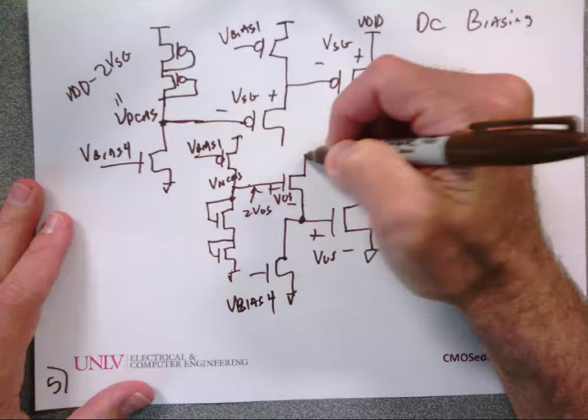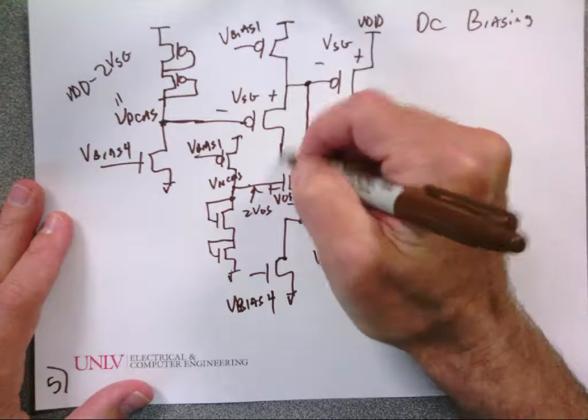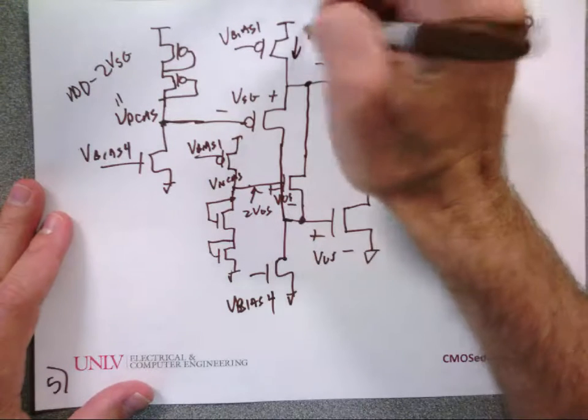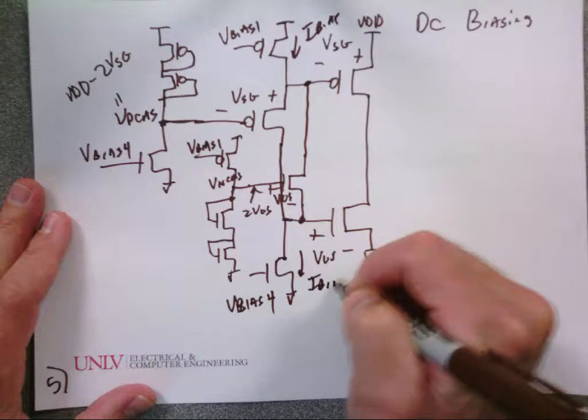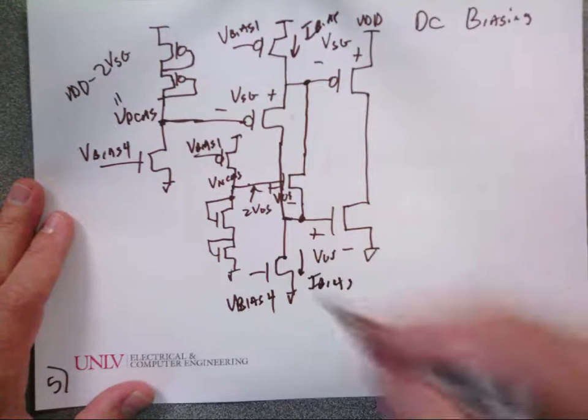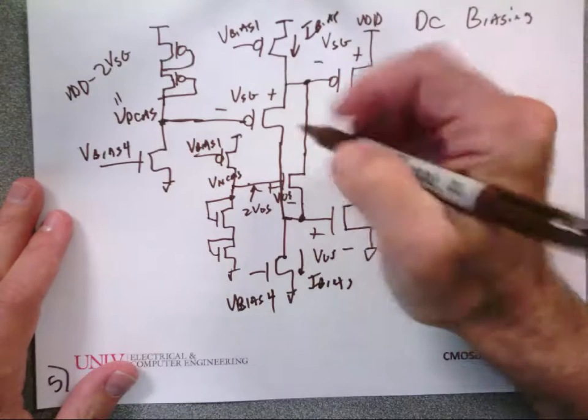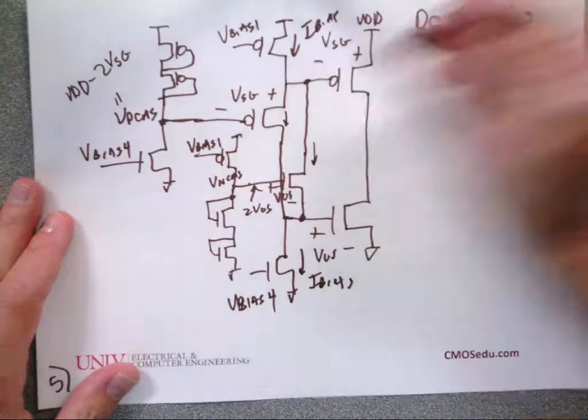Then I'm going to do the following. So the current that flows in there is I bias. Current that flows in there is I bias. However, Rudy, what is the current that flows in each of these?